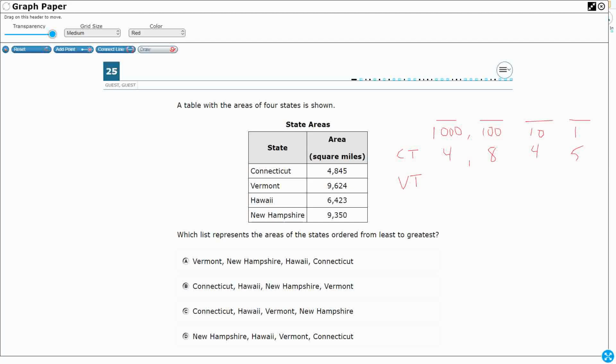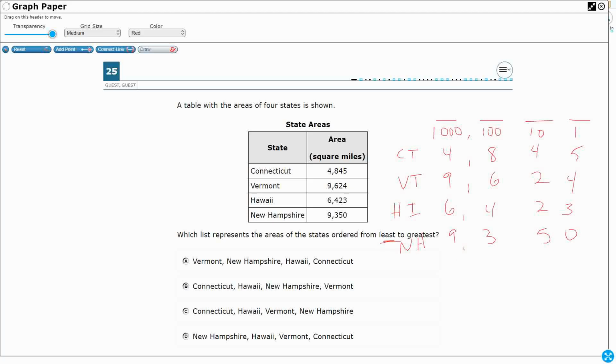I got Vermont, 9,624. Oh, that's a lot bigger. Hawaii, I've got 6,423. And then New Hampshire, 9,350.